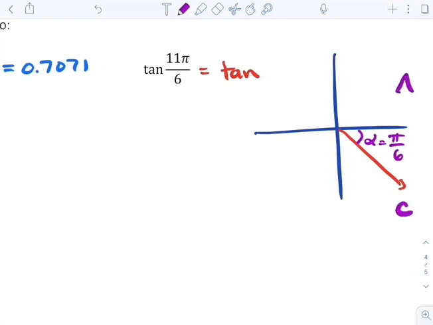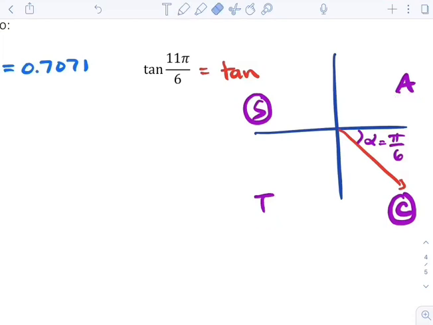Based on our CAST rule, tan 11 pi over 6 down here is negative. So where else would I get a negative value if I put tan into my calculator? The other spot will be up here in the 2nd quadrant, because in the 3rd quadrant tan's positive and in the 1st quadrant tan's positive, so it's got to be in the 2nd quadrant.